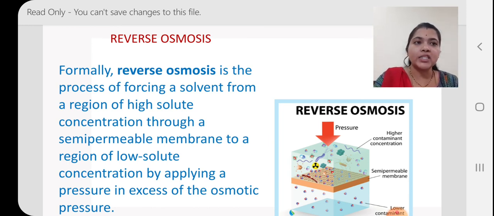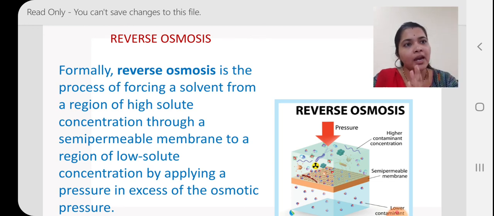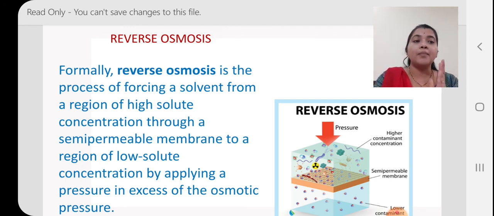Osmosis means from low concentration to high concentration. Reverse osmosis means from high concentration to low concentration, but we are applying some pressure. That is known as reverse osmosis. And here you can see the picture of reverse osmosis also. I hope you understood reverse osmosis, children.